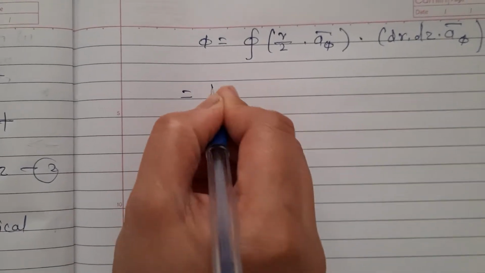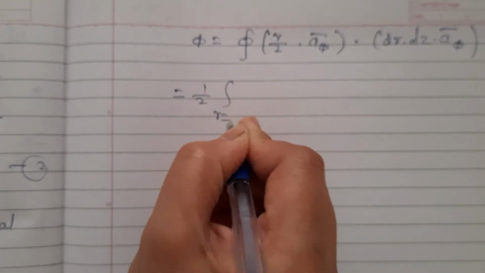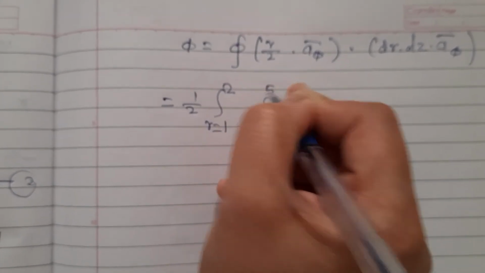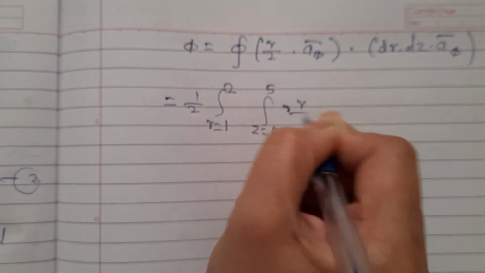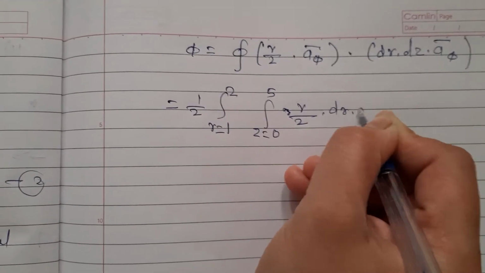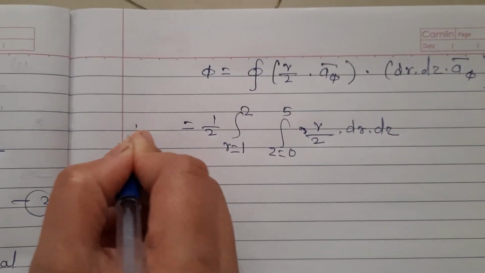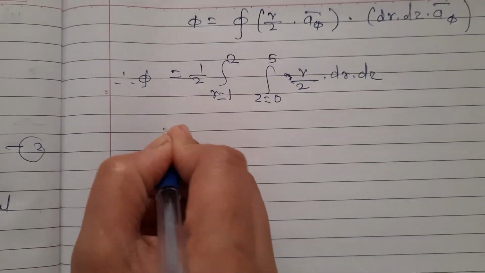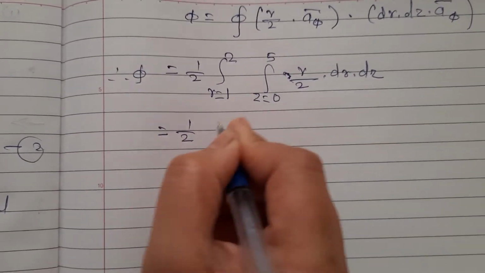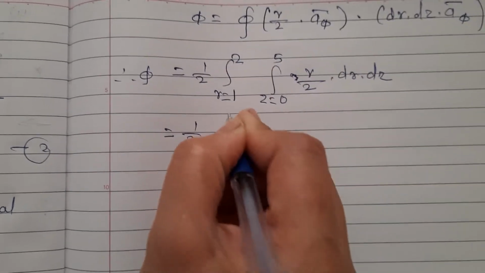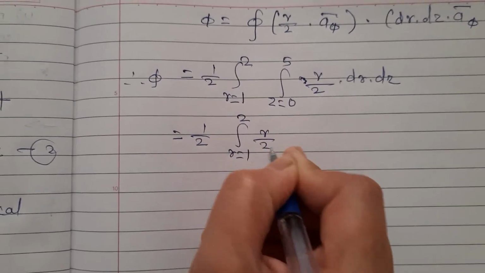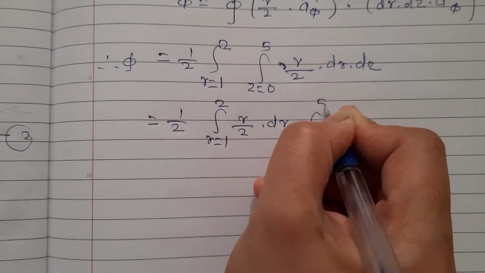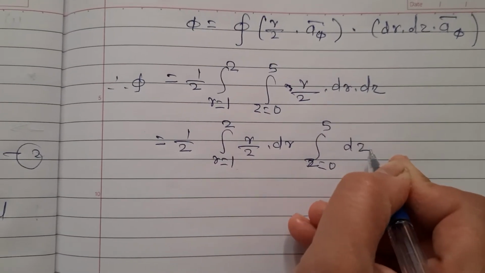So here we take the integration values. R goes from 1 to 2, z goes from 0 to 5, which is given in the problem. It is r by 2 dr dz. So we solve it and take integration separately. It is r by 2 dr and z goes from 0 to 5 dz.